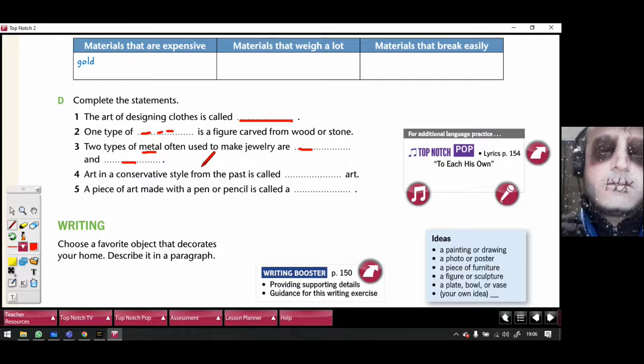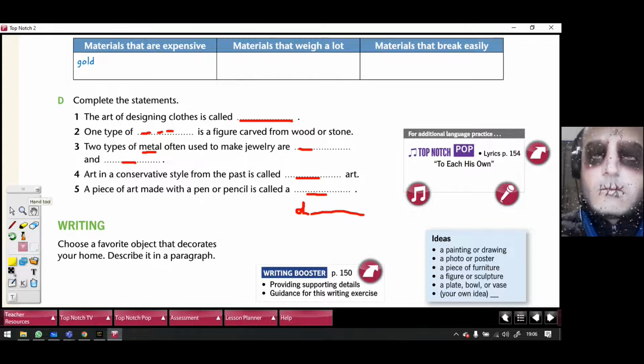Art in a conservative style from the past is called ___ art. A piece of art made with a pen or pencil is called... it starts with a D. Let's go. To each his own is a karaoke.